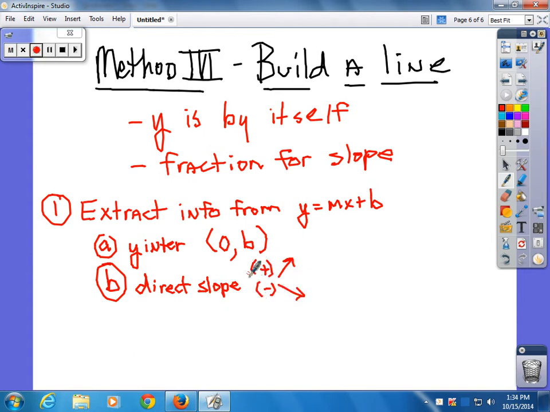Left to right down. How many sides of a hill are there? What are they? Uphill and what? Downhill. It all depends on which direction you're coming from. C is m written as vertical over what? Horizontal.